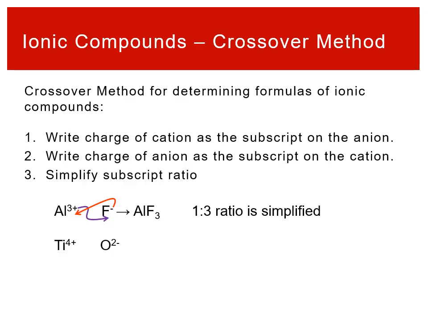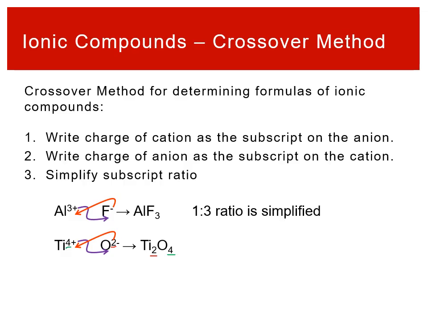If we look at something like Ti4 plus and O2 minus, we can move them over. The 2 from the O is now the subscript on the titanium, and the 4 from the titanium is now the subscript on the oxygen. You will note that we only take the numbers, not the positive or the negative. And so I have Ti2O4.